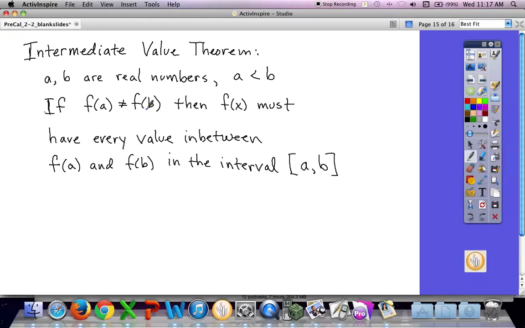And since one was positive and one was negative, we know that means there's a 0. That's what the intermediate value theorem says.